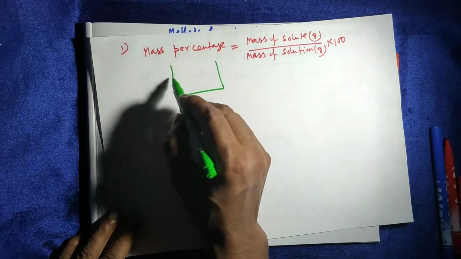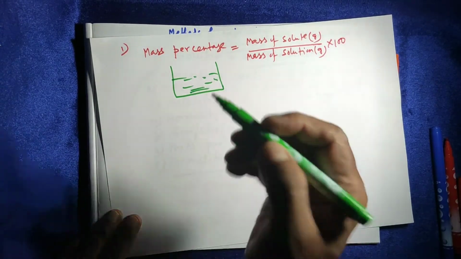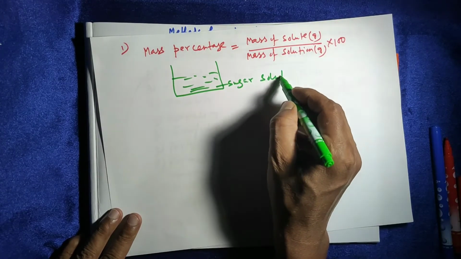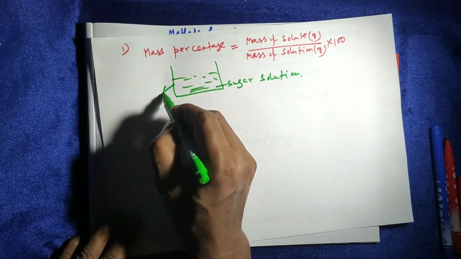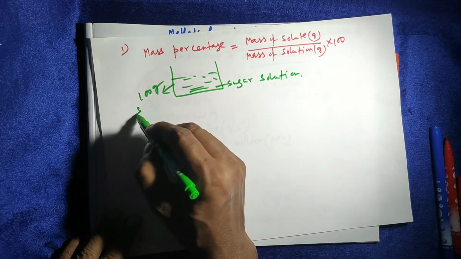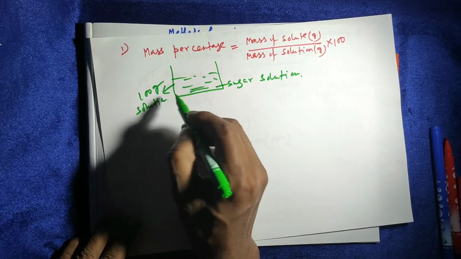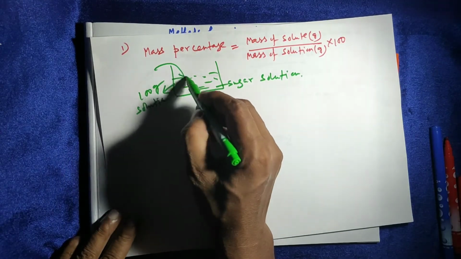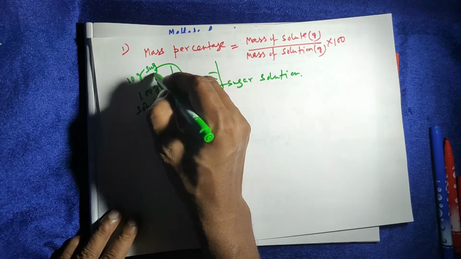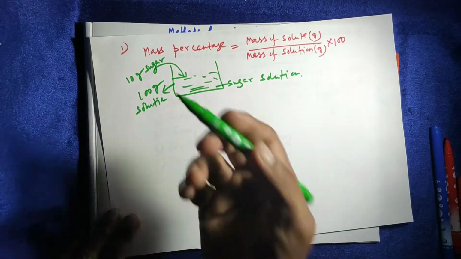Say this is a sugar solution, 100 gram solution, and say the amount of sugar is 10 gram. 10 gram sugar is present in this solution.